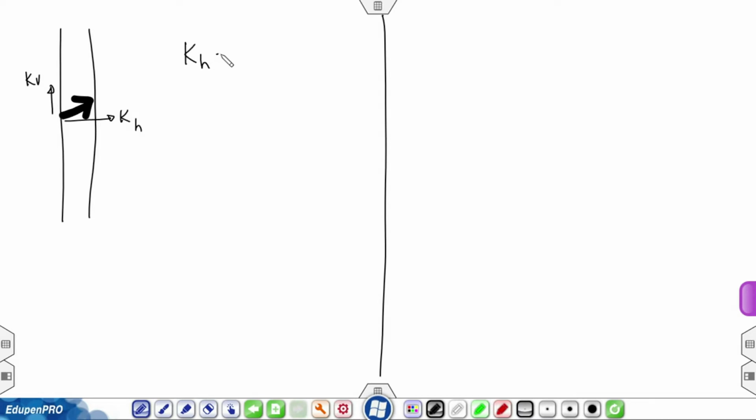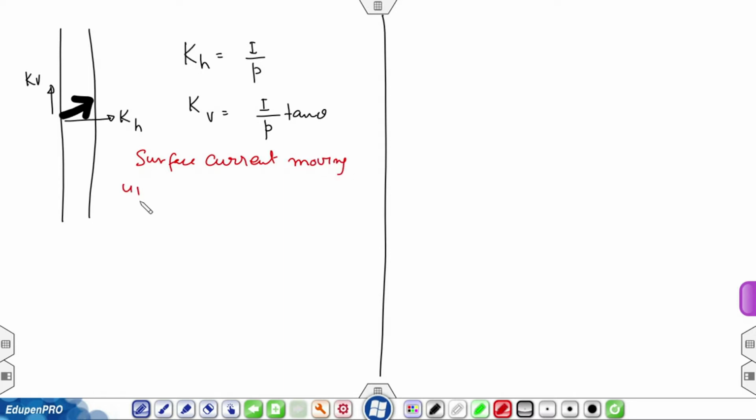K horizontal is I over P and K vertical is I over P tangent theta, and therefore, the surface current moving up the solenoid is equal to K vertical times 2 pi A, which is I over P times 2 pi A tangent of theta. What is tangent of theta?